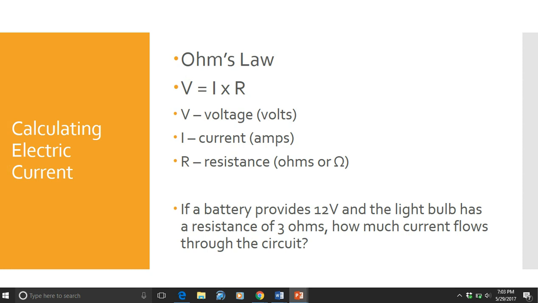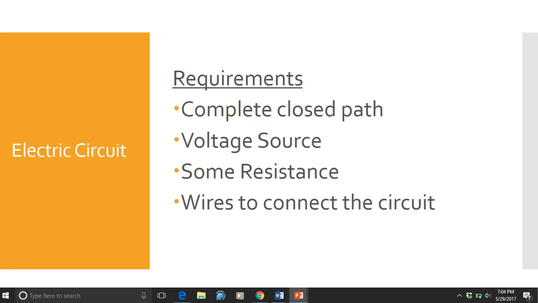If we plug in what we know, 12 for V, 3 for R, and then need to solve for I, we know from our algebra that we need to divide both sides by 3, which will give us 4 current, or 4 amps, or 4 amperes. So the answer to that is 4. List what you know, plug it in.